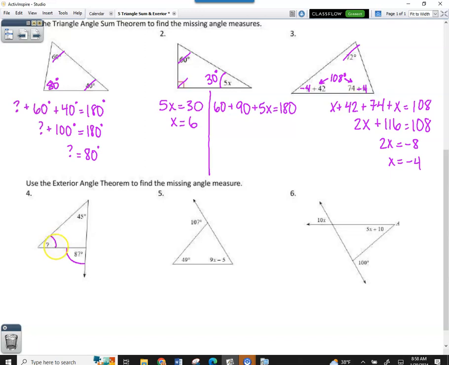That would be this corner here and then this corner here, right? So set it up. The angle on the outside, on the right, the bougie angle, equals the sum of the two interior angles. So 87 equals question mark plus 45.